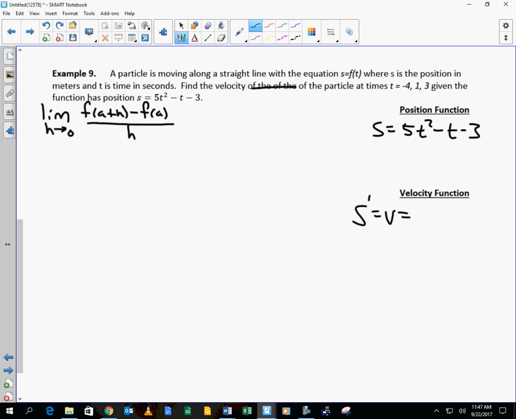So, I need a point. Normally, you'd select -4. How would you get the y value? You'd plug it in. Instead of selecting -4, I'm going to select a. If I plug a in, what do I get?